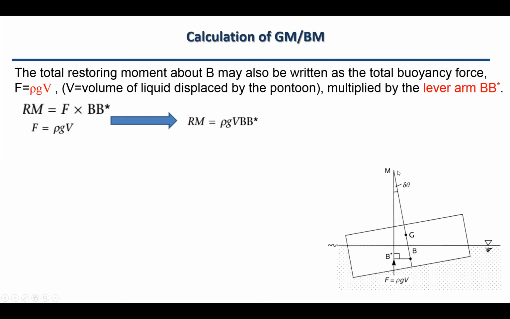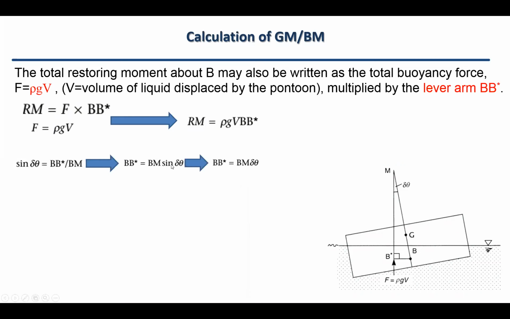However, from the geometry, in this triangle BB star M, delta theta, the angle of the tilt, is equal to the opposite side BB star divided by the hypotenuse BM. If you rearrange this, BB star is equal to BM, the hypotenuse, times sine delta theta. The same rule applies: when the angle is very small, which is the case here, sine delta theta is the same as delta theta in radians.